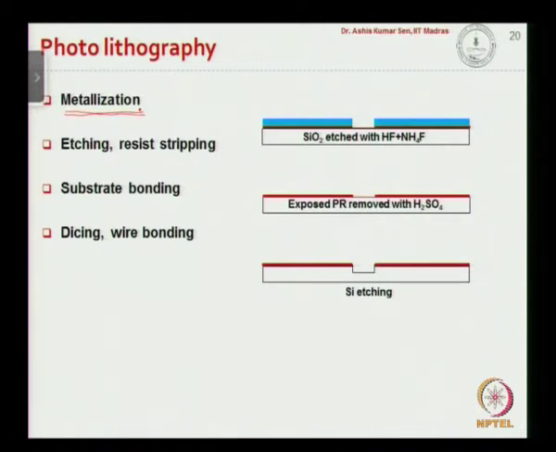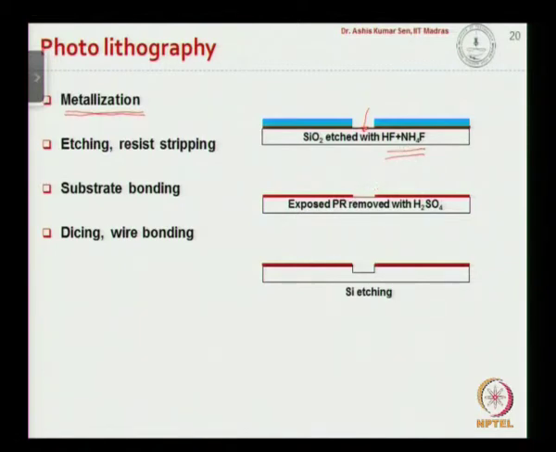In some cases after the development stage we go for etching. For example, after the photoresist is developed, we etch the silicon dioxide layer. Silicon dioxide is typically etched in hydrofluoric acid and a combination of hydrofluoric acid and ammonium fluoride.